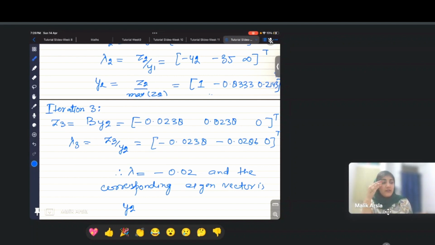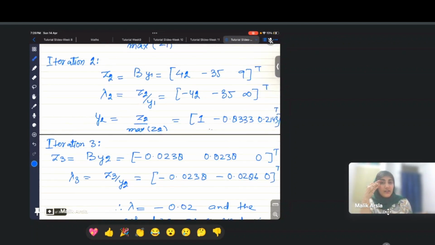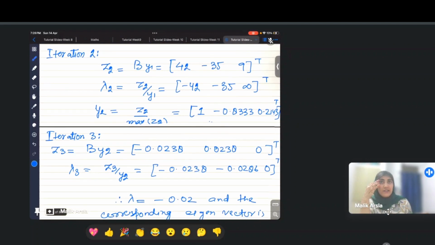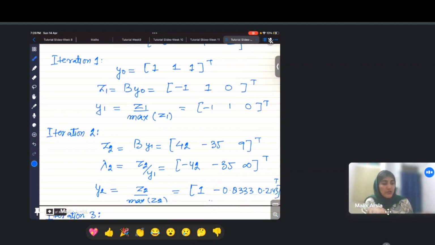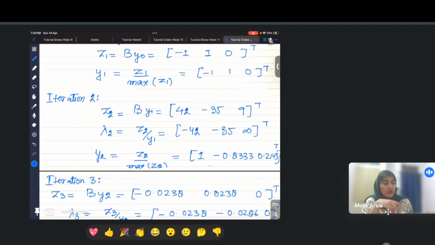Yes, see, there can be two patterns. One is they will specify how many iterations you have to do. Another, you have to check continuously, like I am doing. At each step, first you calculate Z1, Y1, then you calculate lambda 1.